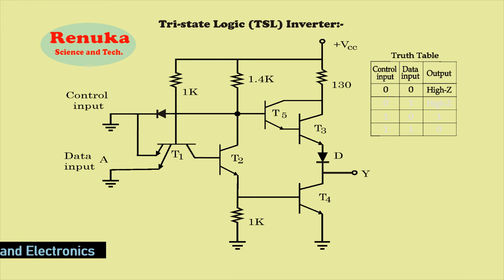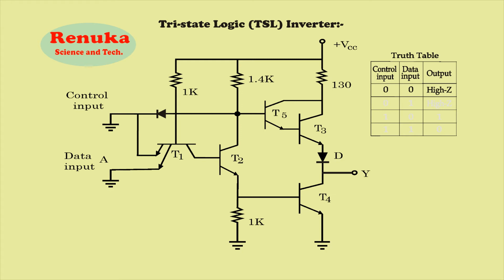If the data input is right now 0, then what is happening? The data input, that is the emitter of transistor T1, is connected to ground. Then the base of transistor T1 is also connected to the power supply plus VCC. So all the current from the power supply plus VCC through the 1 kilo ohm resistor will go to the ground. So no current is flowing towards transistor T1's collector.